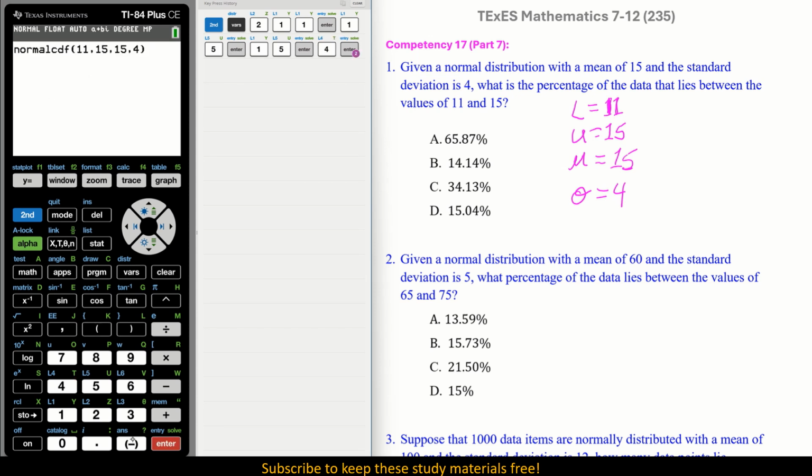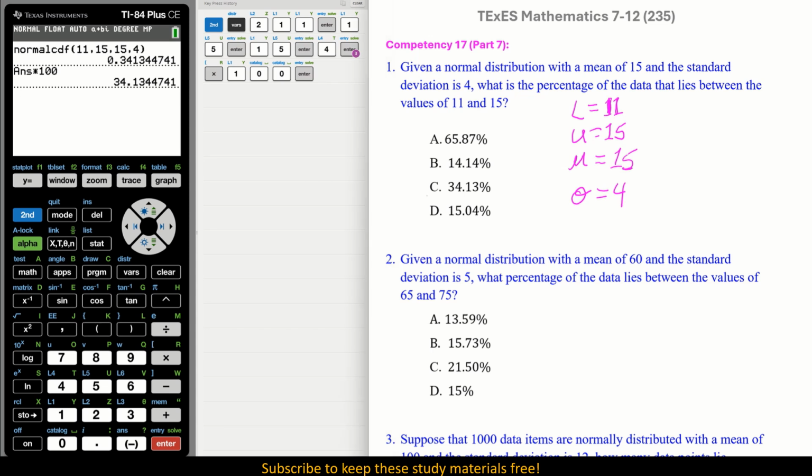Push enter twice, and again. Of course, that isn't a percentage, so we need times 100 to see it as it is in our answer. When we round, option C is acceptable, and that is correct.